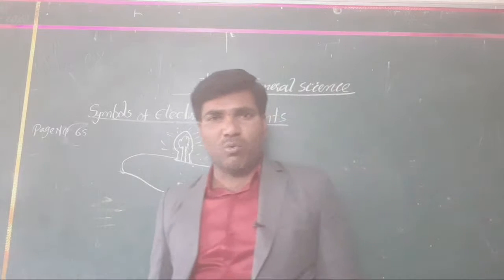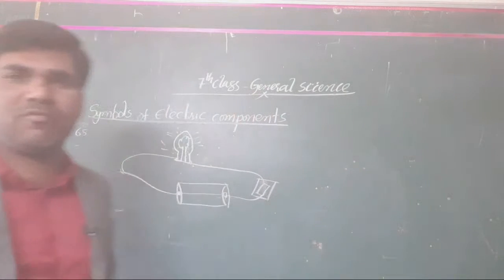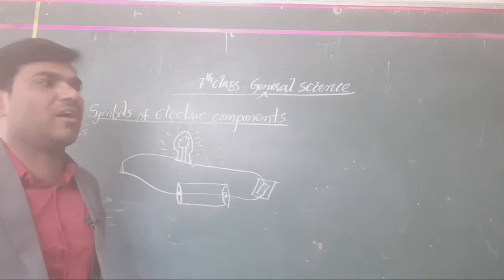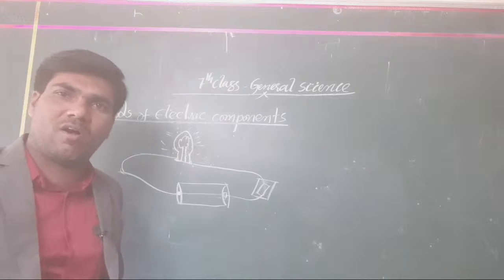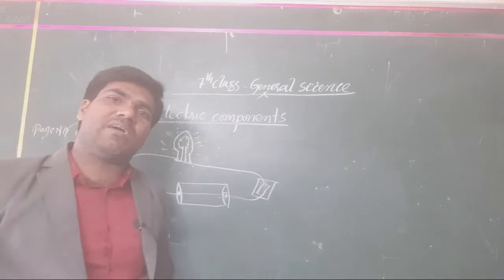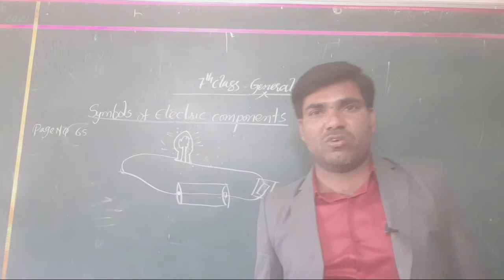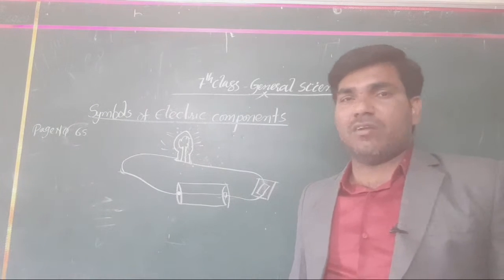Then how do we draw all that in a pictorial format? It is not possible to draw every time. For our home it may be drawable, but when you take a total town, how do you represent the town's electrical circuit? It will be very difficult to draw like this.